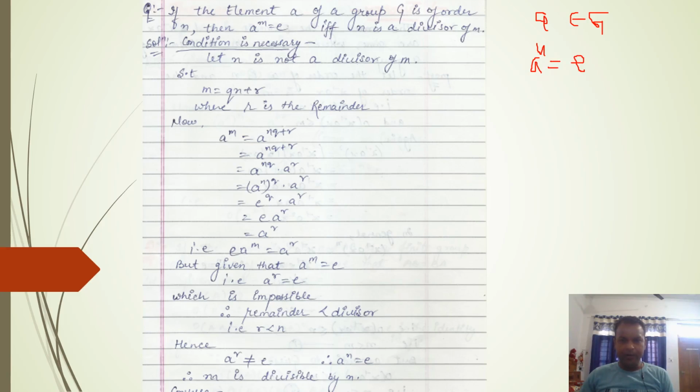If any other power m gives identity, such that a to the power m is also equal to e, then this m will be divisible by n. It means this m will be completely divided by n.